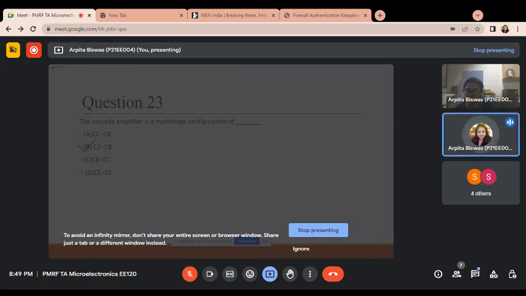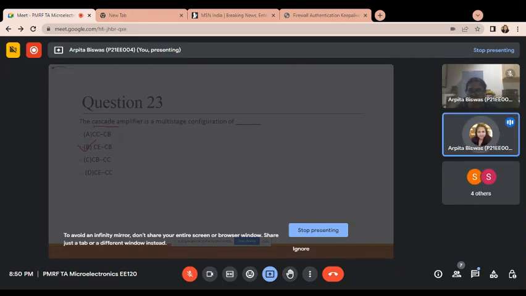Then what is the right answer? No, actually cascaded and cascode are both different kinds of amplifiers. This is the cascode type of amplifier. Cascade means we can cascade different types of amplifiers, but cascode has a separate type of amplifier, like cascode with common emitter and common base.